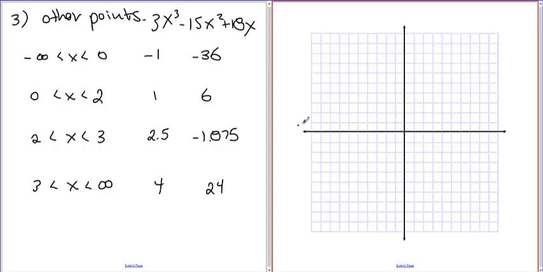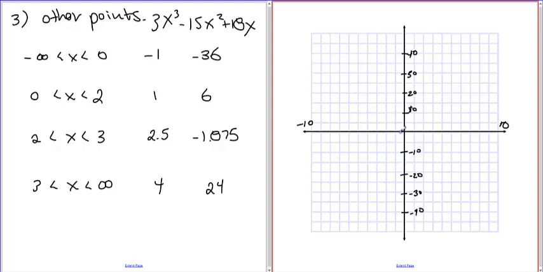I'm going to go from -10 to +10 on the x-axis, but I'm going to adjust the scale in the y direction, and I have to go up to 30, down to -36. So I'm going to put marks every 2 and make them 10: 10, 20, 30, 40, and then down the other side, -10, -20, -30, -40.